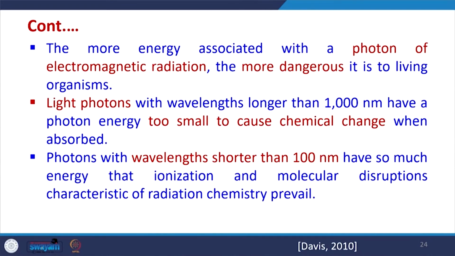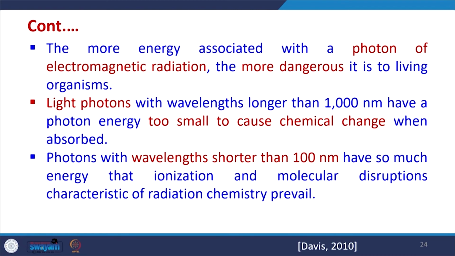Now, the more energy associated with a photon of electromagnetic radiation, the more dangerous it is to living beings. If energy is high, it will destroy everything, but it is dangerous to living organisms.